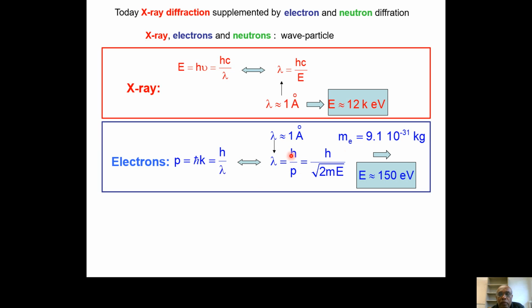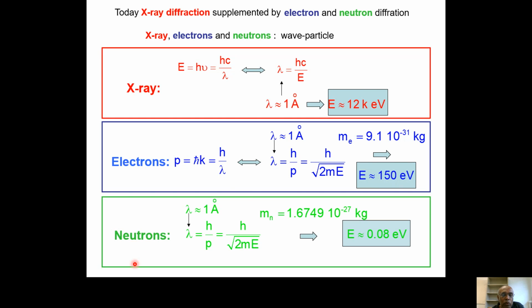We know how to write momentum in terms of kinetic energy as square root of 2mE. Now, with lambda about 1 angstrom, we are talking about energies of 150 electron volts. These are much smaller than X-ray energies, which are in kilo electron volts.